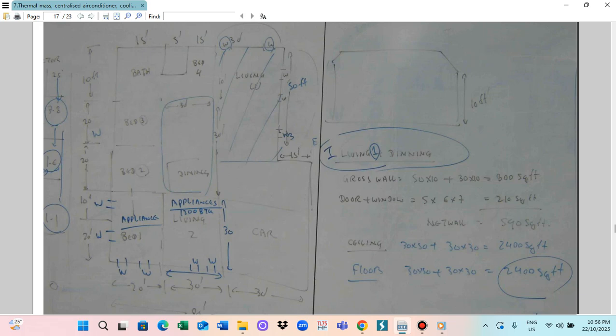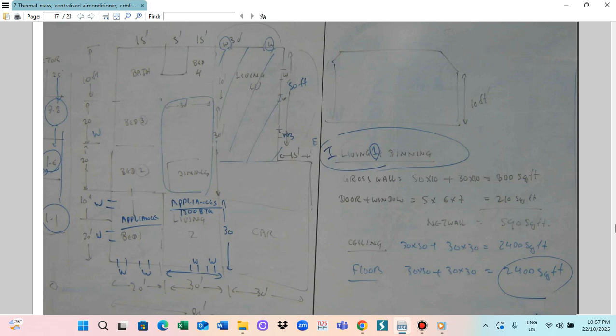So door and window area is 5 multiplied by 6 multiplied by 7, which gives 210 square feet. Then you can calculate the net wall area, which is 590 square feet.